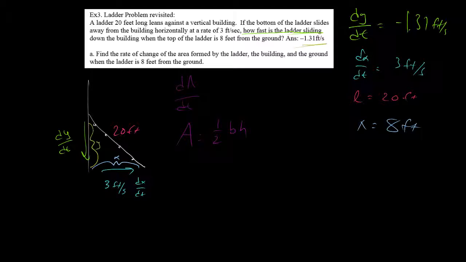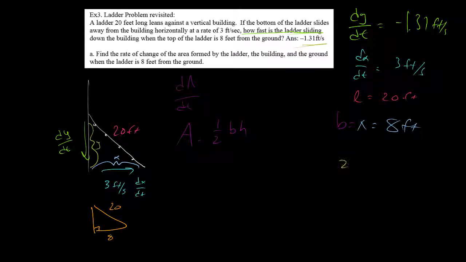We're given our base, so this will be our x. So we're looking for our height. And can we find our height using anything? Well, yeah. We have this triangle, a right angle, because it's the ground against a wall. We have this as 8 and this as 20.